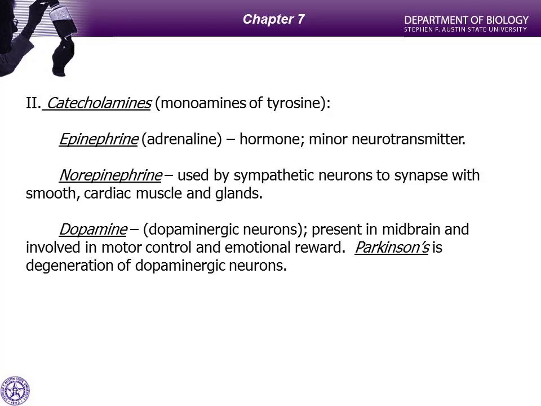So this is one amino acid. And in this case, that one single amino acid is tyrosine. I already mentioned adrenaline, epinephrine already, to get you excited about the exam coming up. This is mostly a hormone. It's going to be a minor neurotransmitter. There may be some neurons that secrete it, but mostly epinephrine is going to come from what tissue in your body?